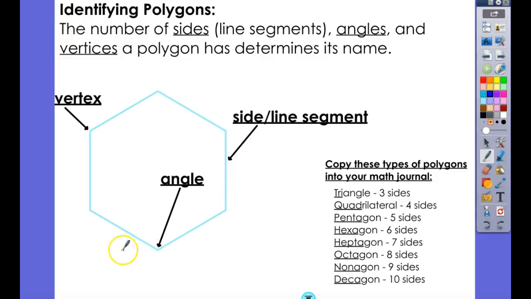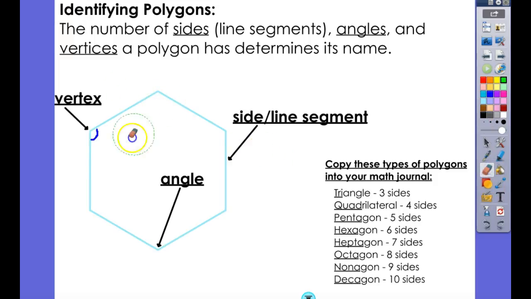That's where the two line segments are coming to meet together. And last but not least, on the inside, we have angles forming. We have angles where on the inside point where the two lines meet. So if we look here, this is an angle right here. This is an angle right here, and the angles go all the way around the shape.